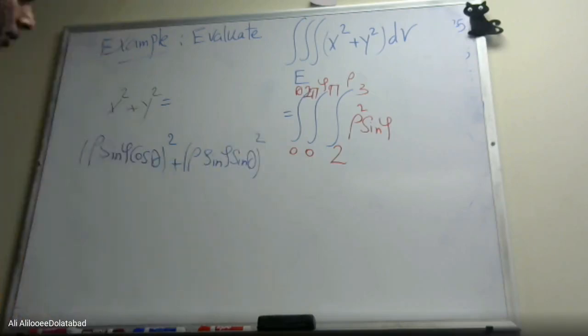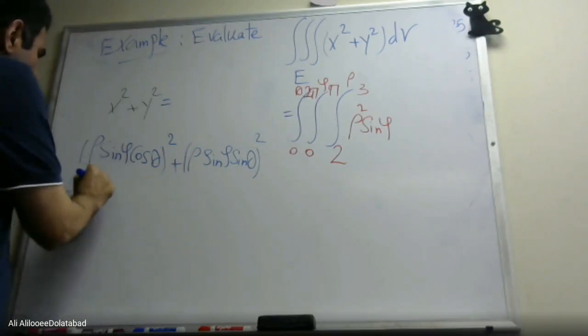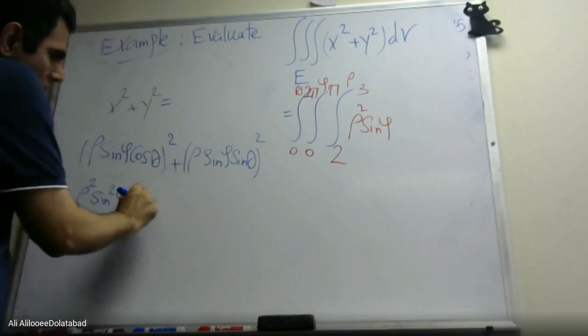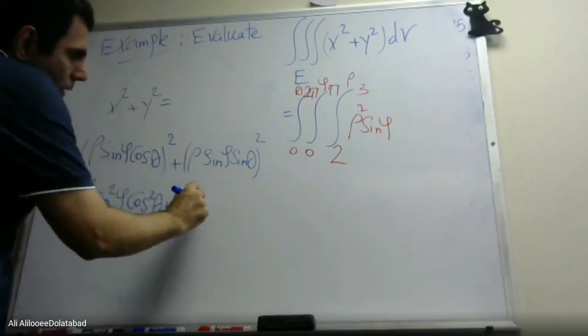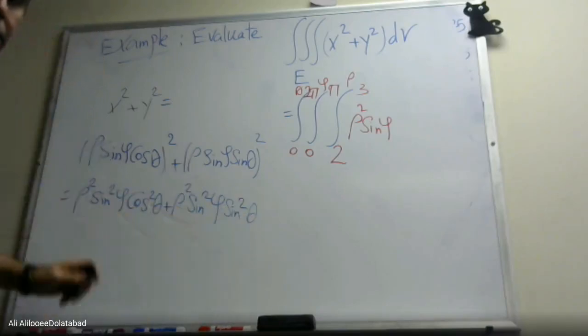Squaring, you have rho squared sine squared phi cos squared theta plus rho squared sine squared phi sine squared theta.